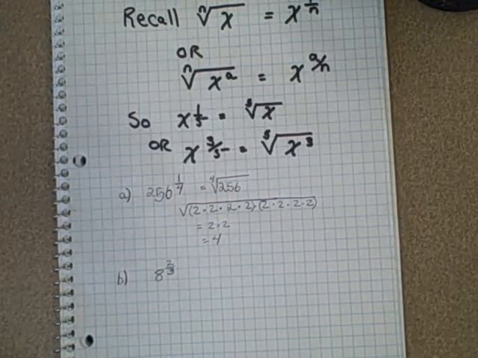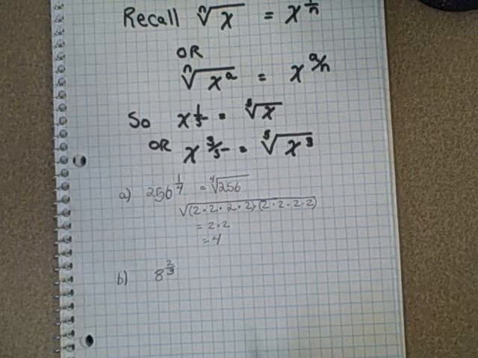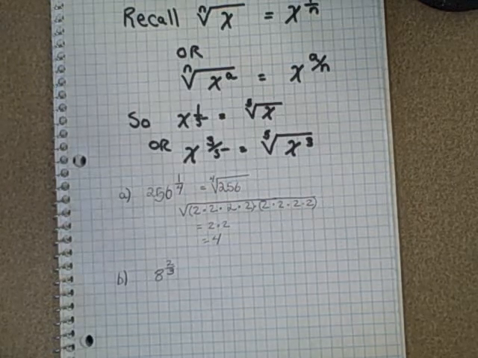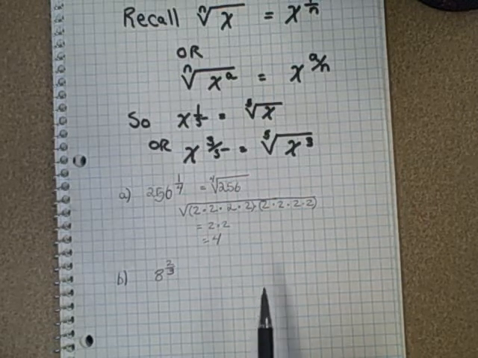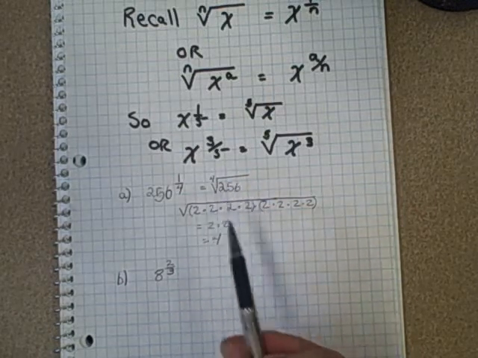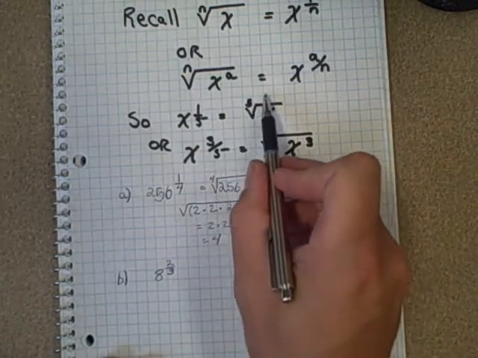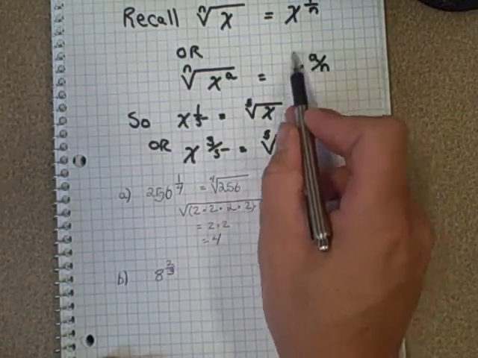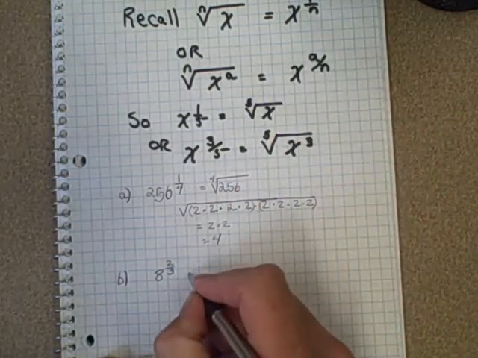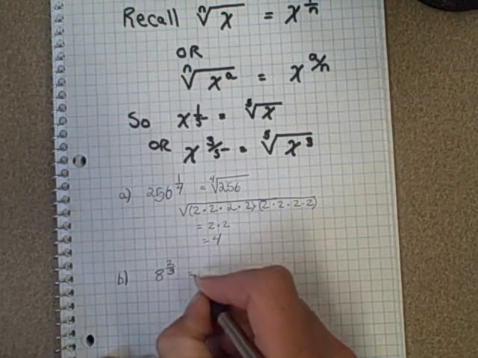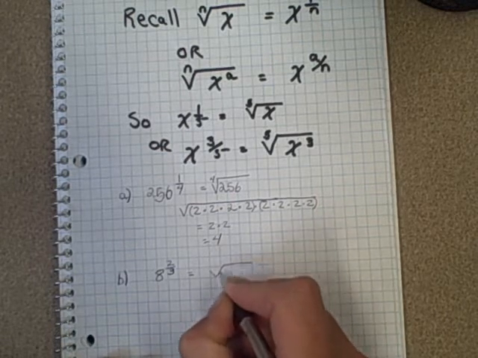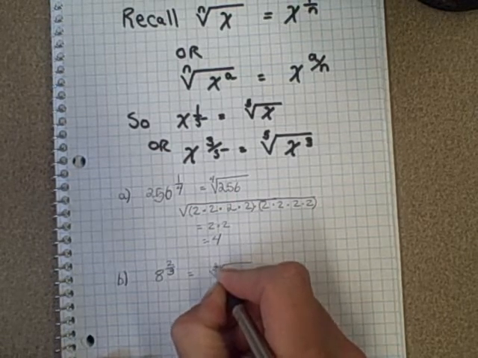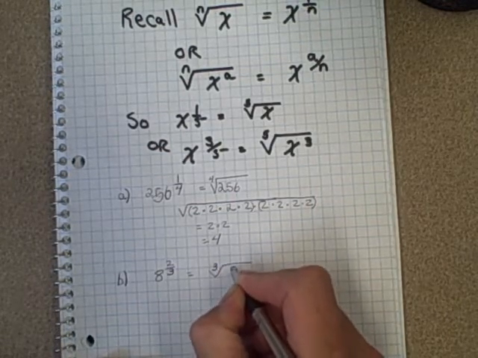Now, if we're going to work this one out, there's a couple different ways you can do it, but we have to think in terms of this format again. We have to realize that we're going to be using this property here, and we can convert it. So this would be the same as saying the cube root, because the 3 is on the bottom, of 8 squared.